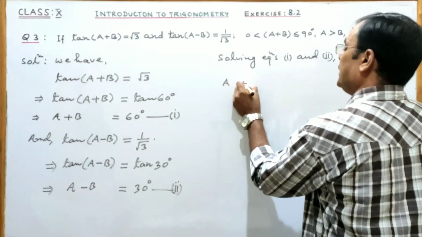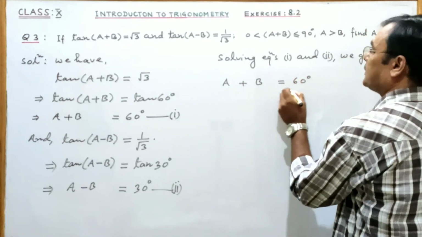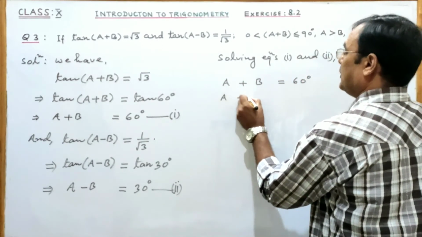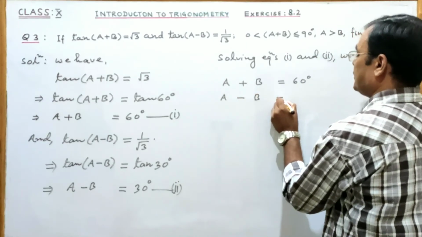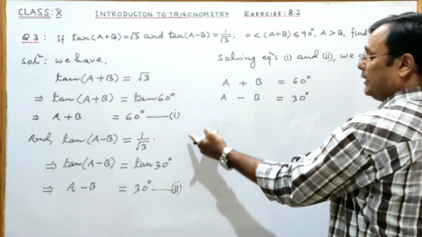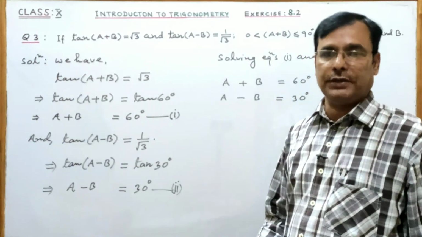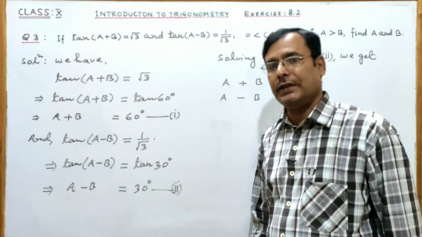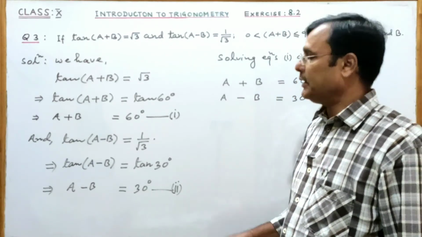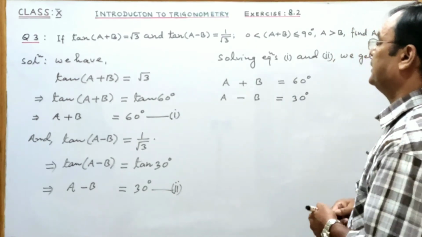A plus B is equal to 60 degrees and A minus B is equal to 30 degrees. These two linear equations you can solve using any method, maybe by substitution method, elimination method, or cross multiplication method, but here we are going to apply elimination method.